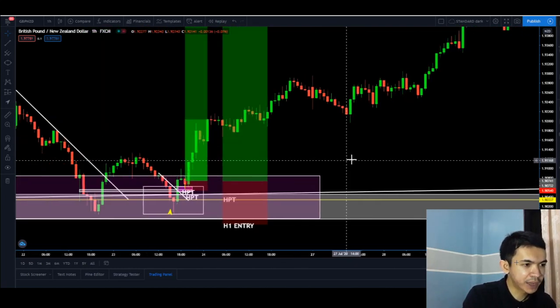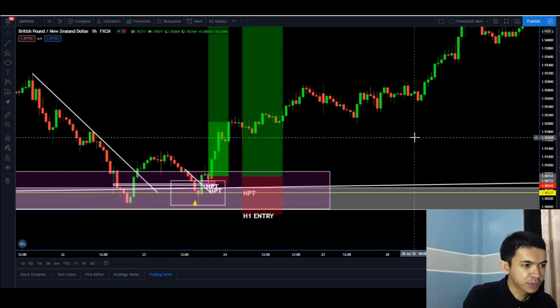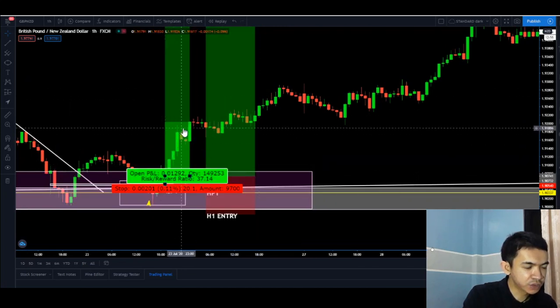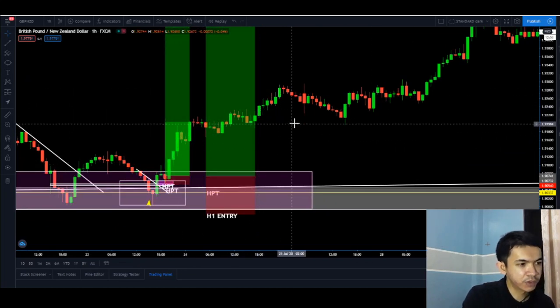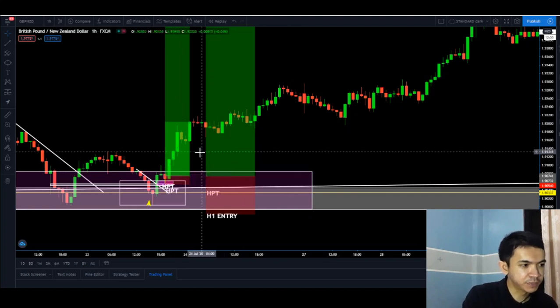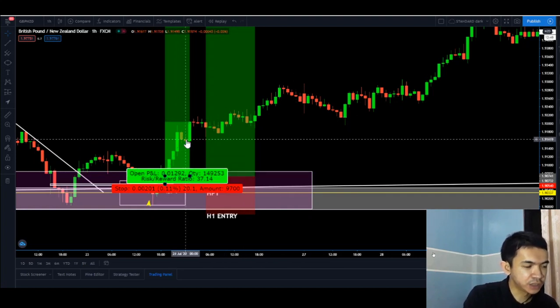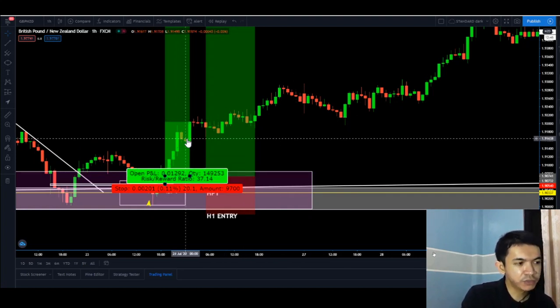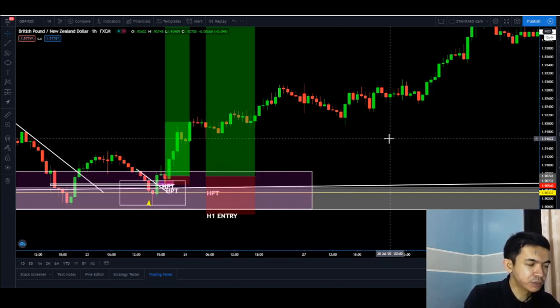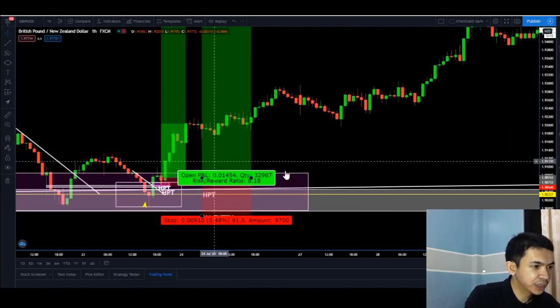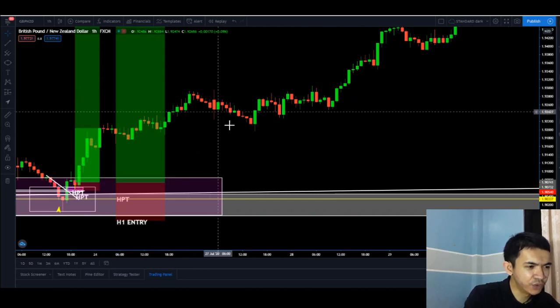So I would be panicking and worried to lose all my gains throughout this initial move, right? But that's the drawback or disadvantage if you are going to monitor the price chart at your entry time frame. You will see a lot of noise, guys.